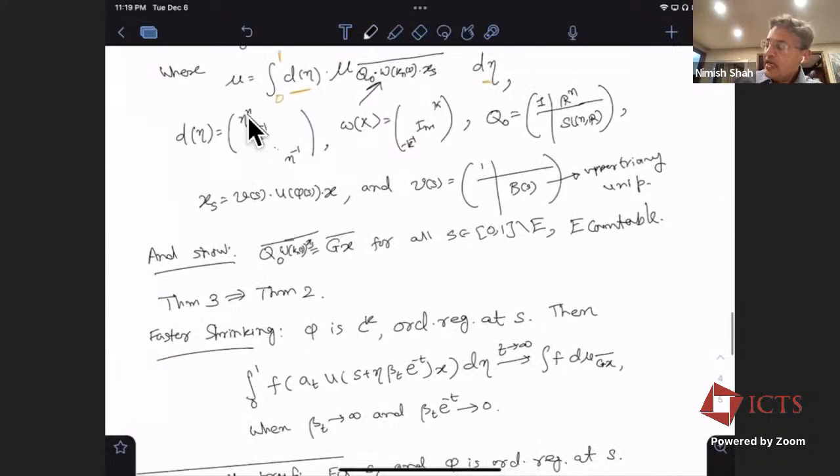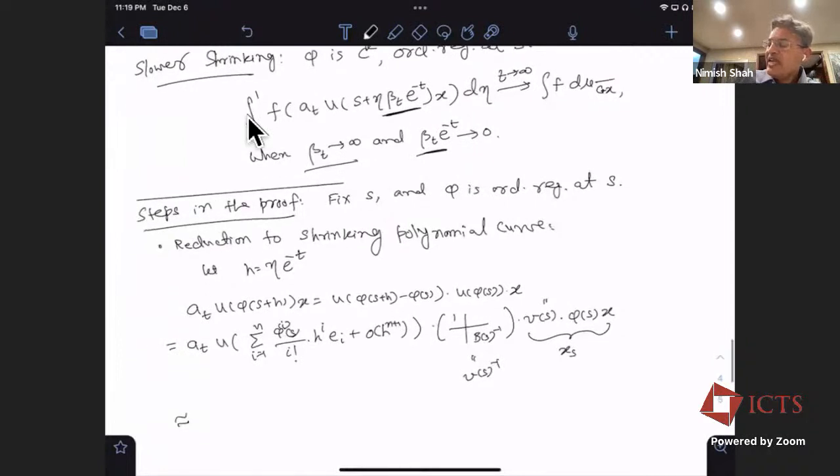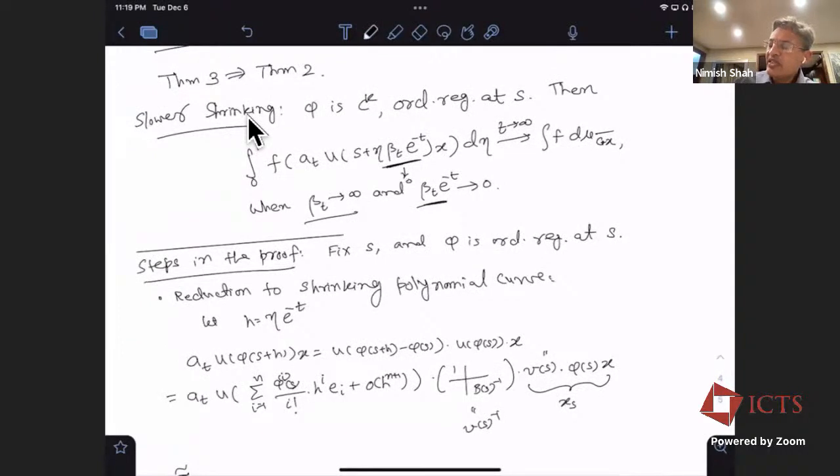And next, we can say something more. We say that if we shrink slightly slowly, namely, don't write eta times e to the negative t, but eta times bt times e to the negative t, where bt goes to infinity, but you still assume that bt times e to the negative t goes to 0. So you shrink slightly slowly, just slightly slowly.